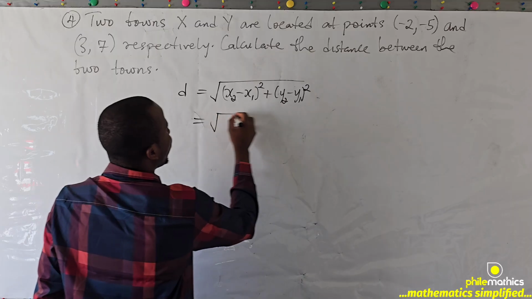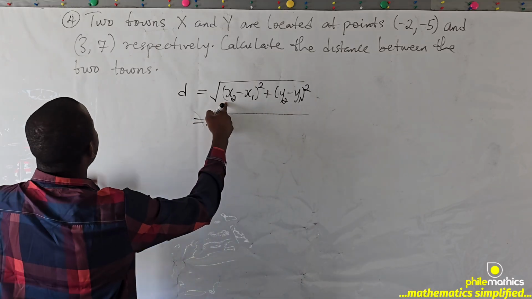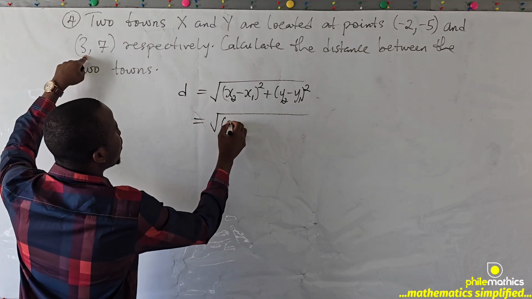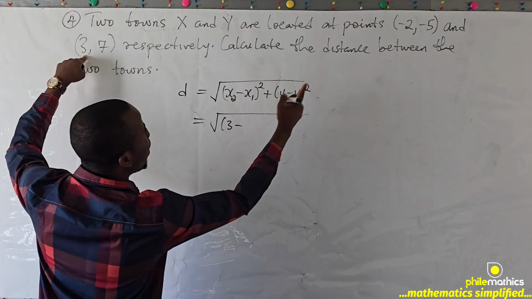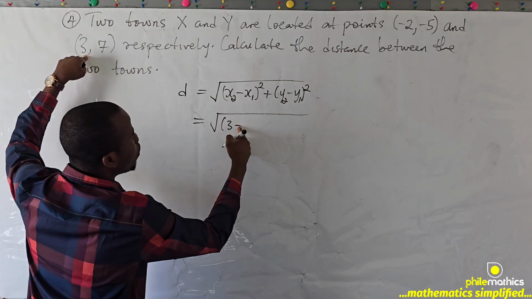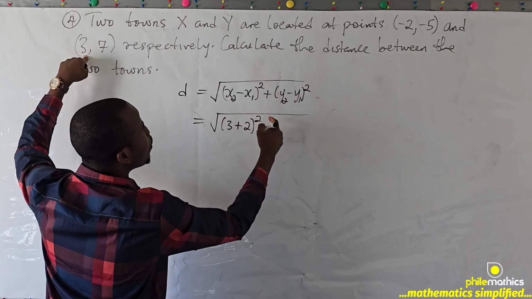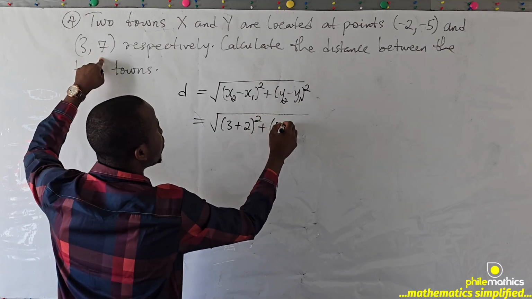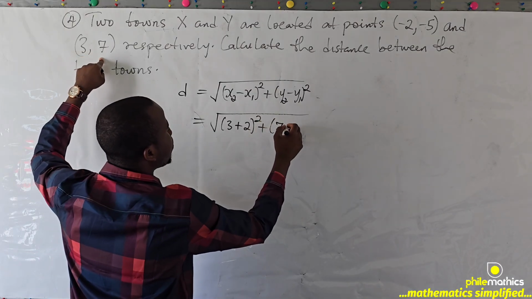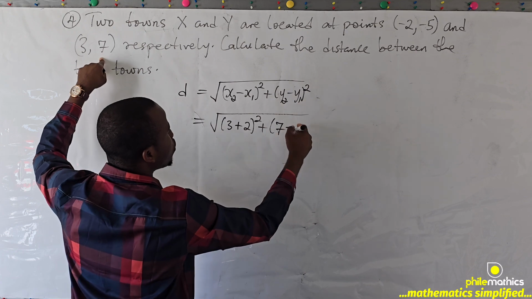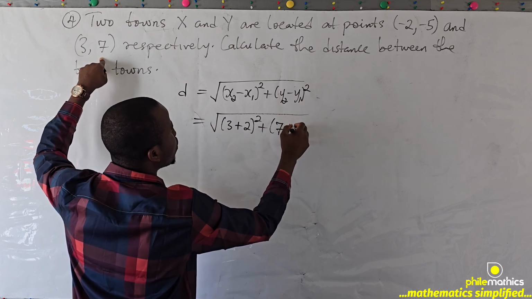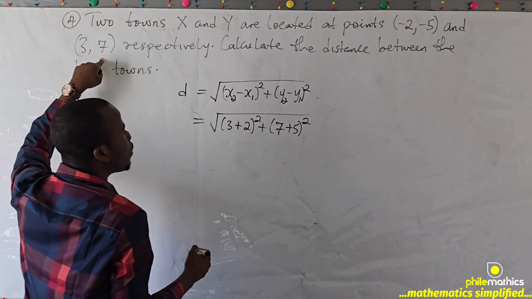So upon substitution, x2 is 3 minus x1 is minus 2, and minus minus is plus 2, squared, plus y2 is 7, minus y1 is minus 5, minus minus is plus, plus 5 all squared.